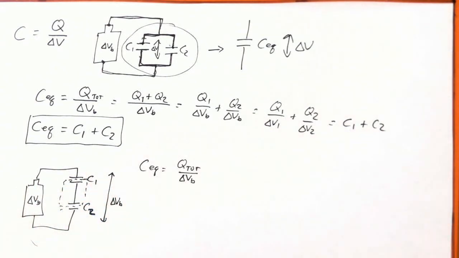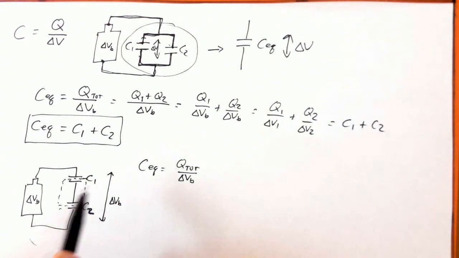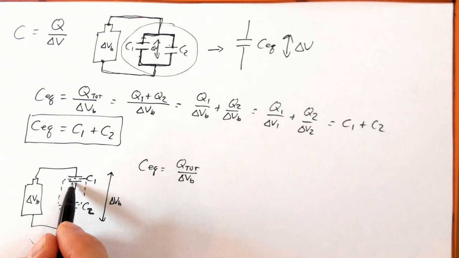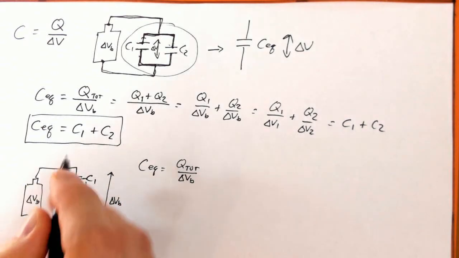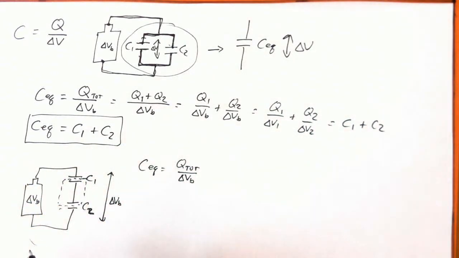Well, then that means it sucked charge from C2, which left the inner plates, which must have been neutral already, have the opposite charges here. If this is pushing, let's just pretend it's pushing positive charge.